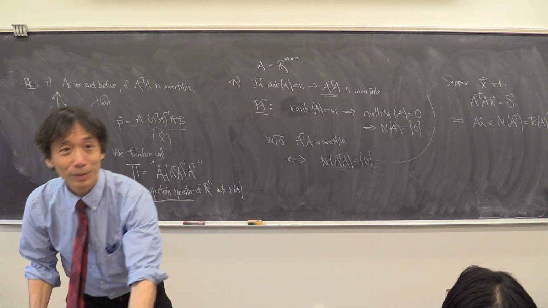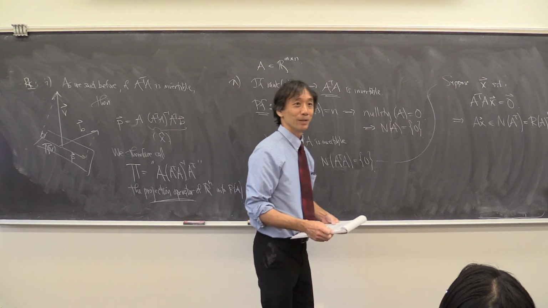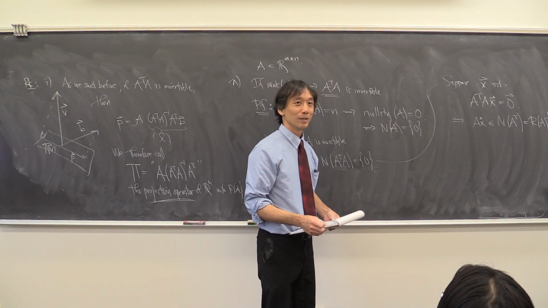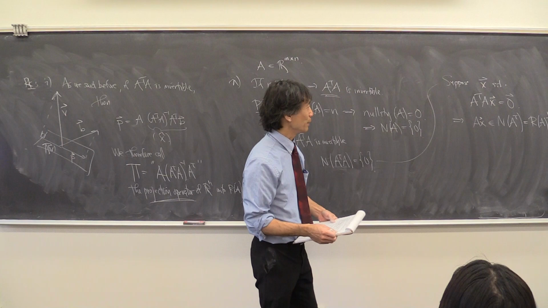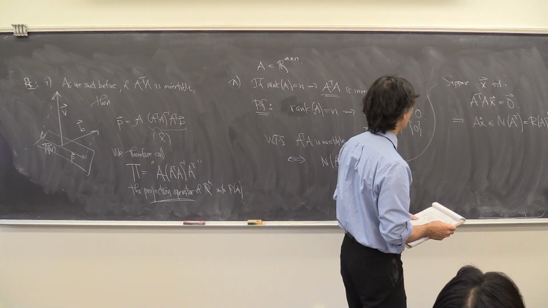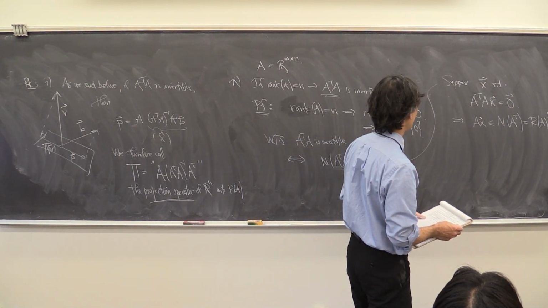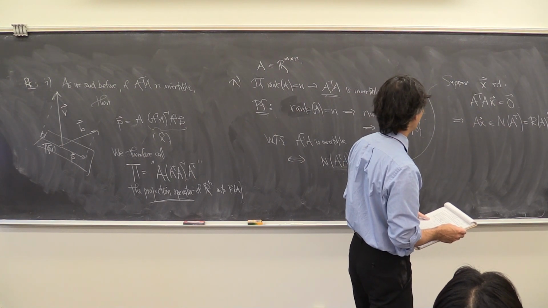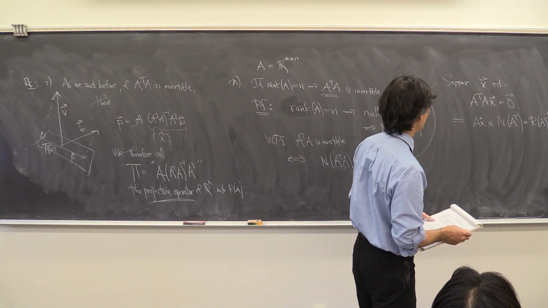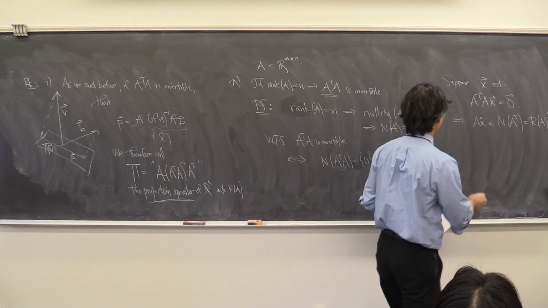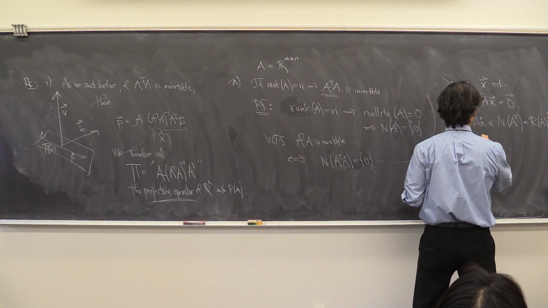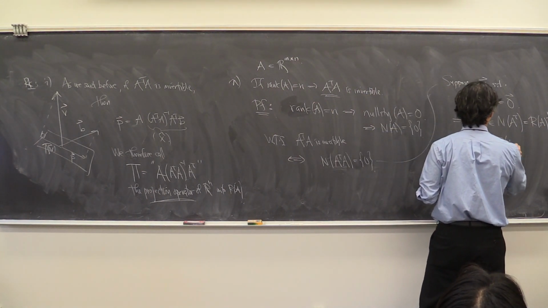Anybody want to say? If Ax is in range of A perp, well, it's also in range of A just by looking at it, but if it's in both of them, then obviously it has to be 0.